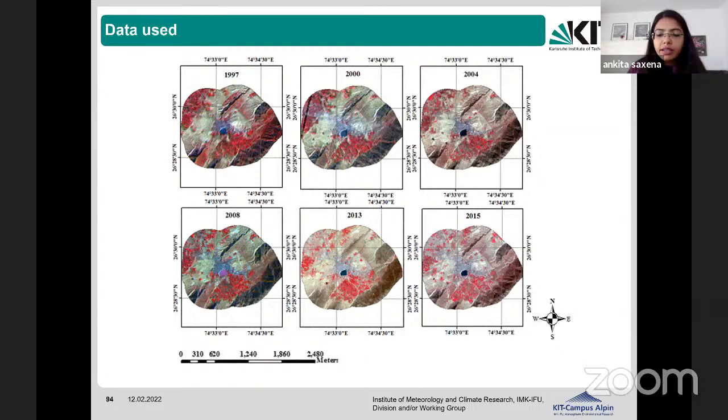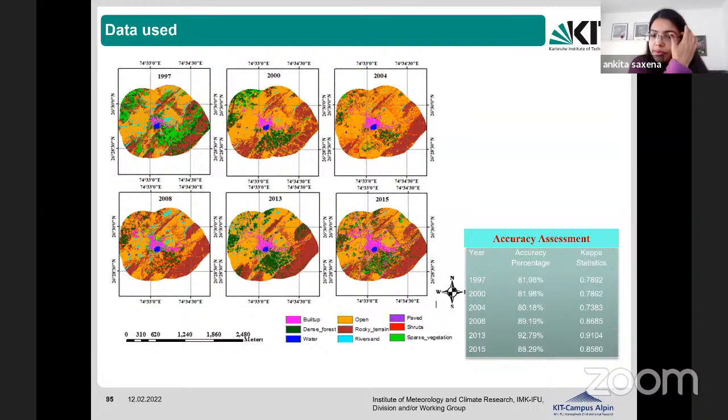And these are the input maps. We classified those maps and produced the input data set from those classified outputs, and by digitizing road networks. And these were the hypothetical scenarios.